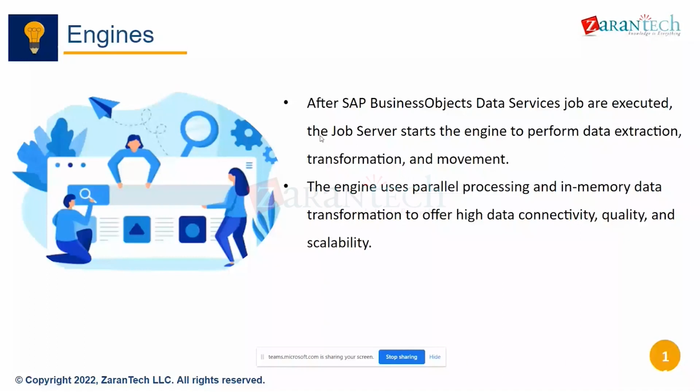Then the engine will send back a signal, and through that engine only, the extraction, loading, and transformation parts will start. That is the major role of an engine in Data Services.